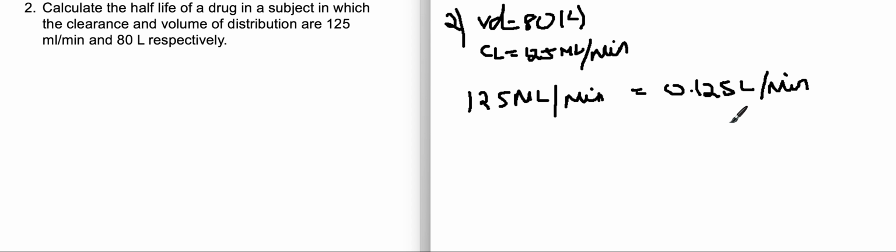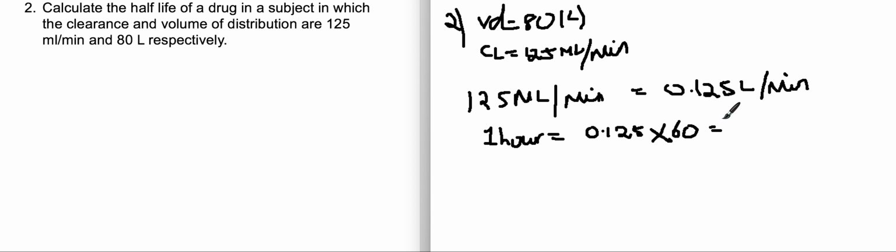So in 1 hour, there will be 0.125 times 60, which is 7.5 liters per hour. This is the clearance.